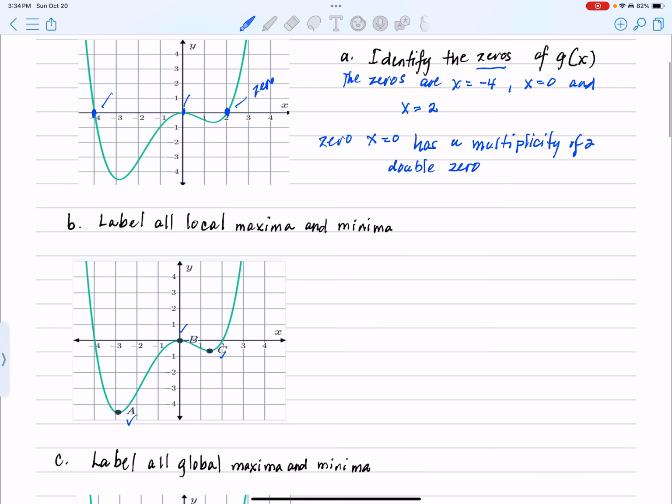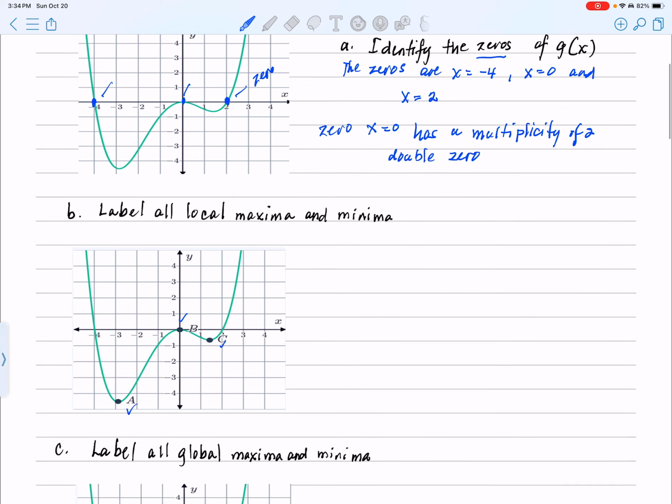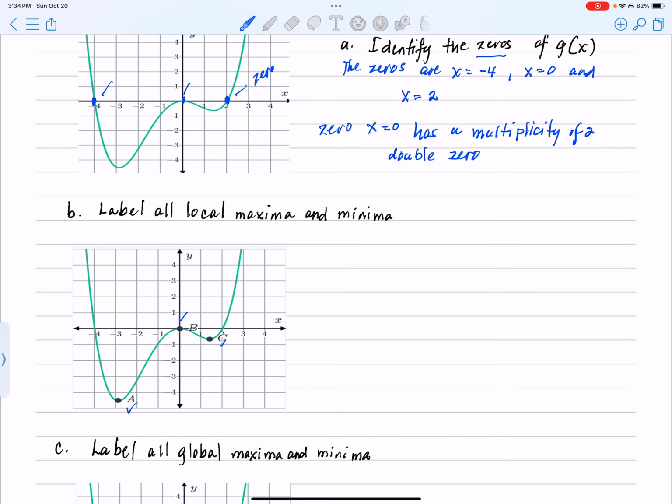Okay. When we say local, that's the time when the graph changes from decreasing to increasing, and increasing to decreasing, switch. So at this point, we have a decreasing here and it changes to increasing.